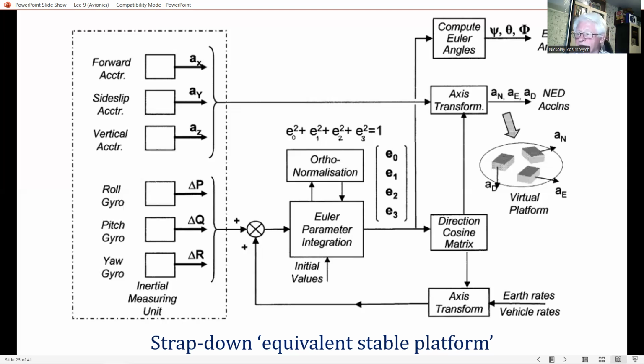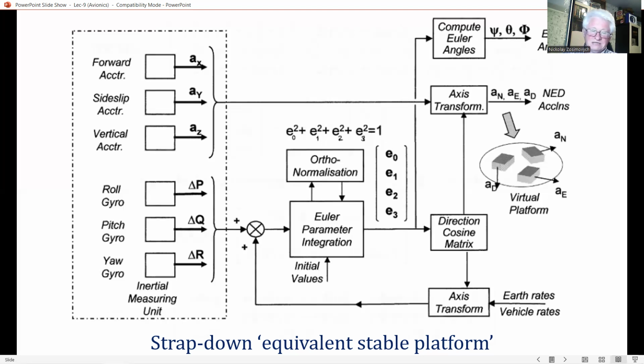In our case, we have A sub N, A sub E, and A sub D. The computing system thus provides the equivalent of accelerometers mounted on a stable platform, with the input axes aligned with the local NED axes, north, east, down.